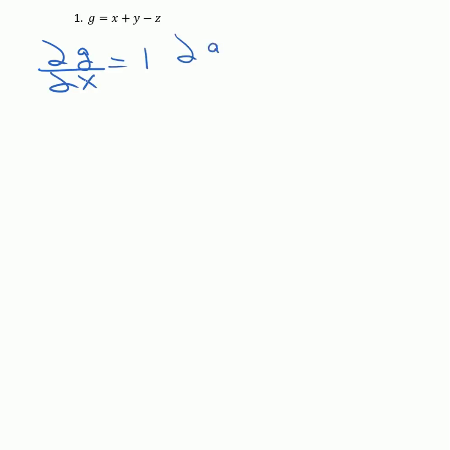The partial of g with respect to y is also 1. And the partial derivative of g with respect to z is -1. So those derivatives were easy to do. Remember, when we do the partial, it's like taking the regular derivative, except the other variables are treated like they were just numbers, 5 or 7.